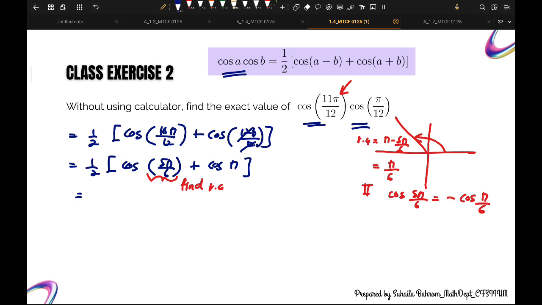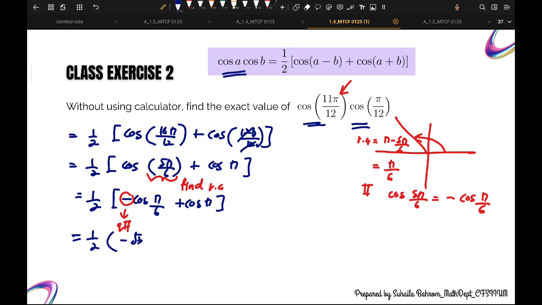So we can substitute in the solution here. We will get negative cos pi over 6. Always put the negative sign in front of the trigo function, because it lies in the second quadrant, where cos is negative. And then plus cos pi, then substitute with the exact values for these special angles.